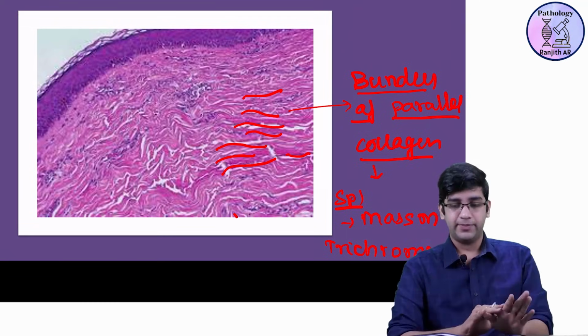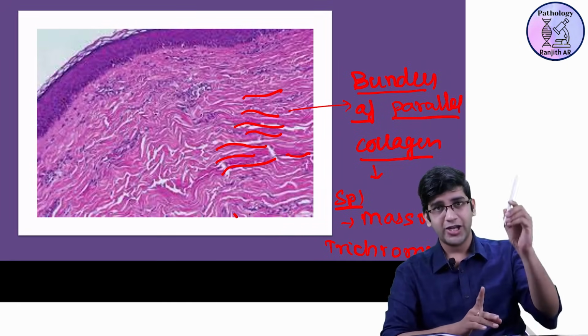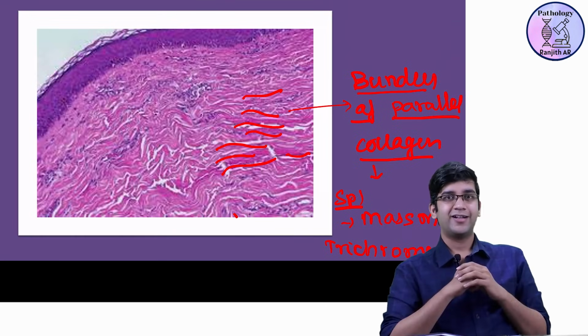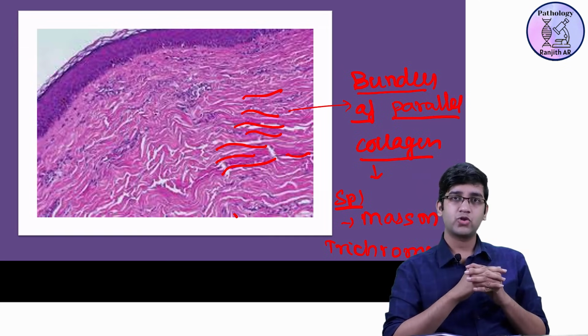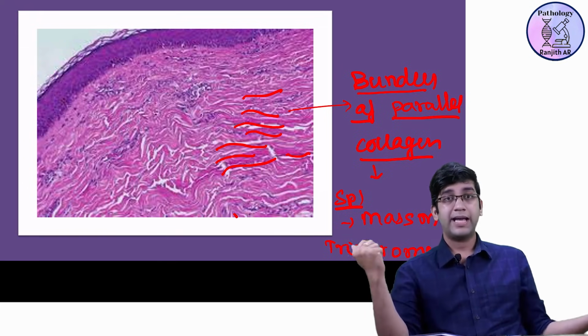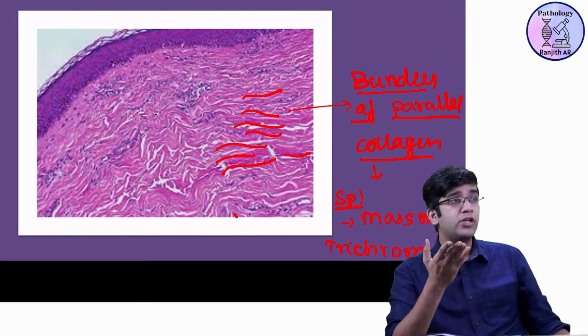Keloid is diagnosed clinically. But if I take a microscopy, I'll have bundles of parallelly arranged collagen. Now a question comes: collagen is pink in color, but what else is pink in my microscopy? Protein is pink, plasma is pink, everything is pink. I will not be able to understand whether this is collagen or amyloid or protein or anything.